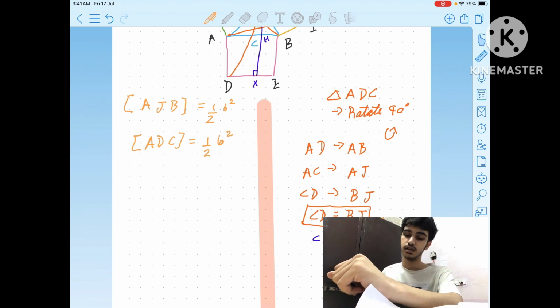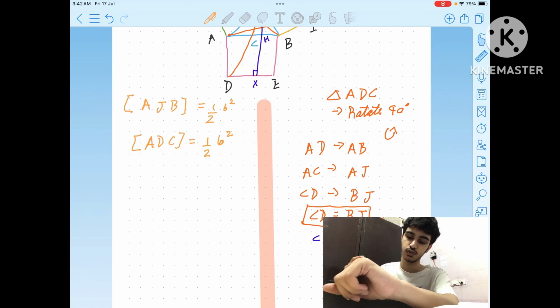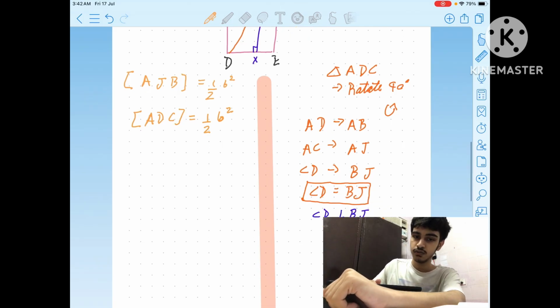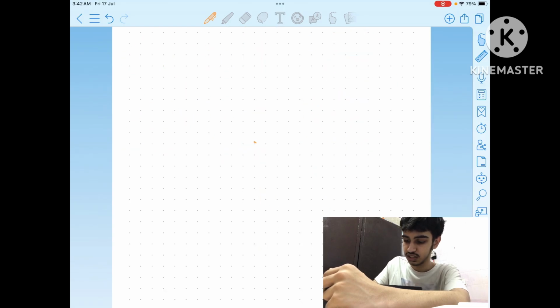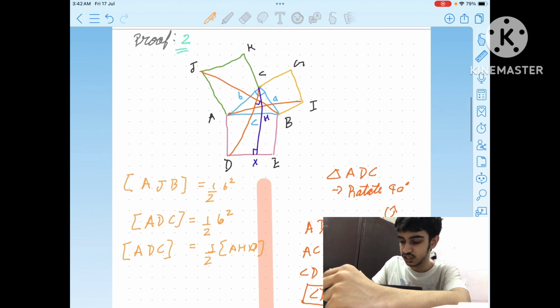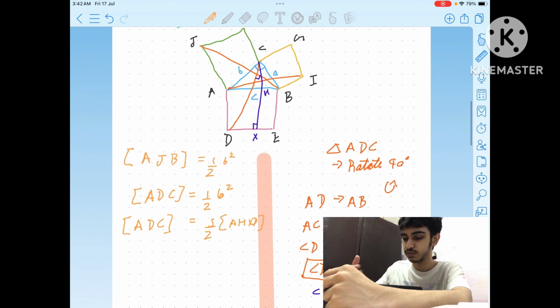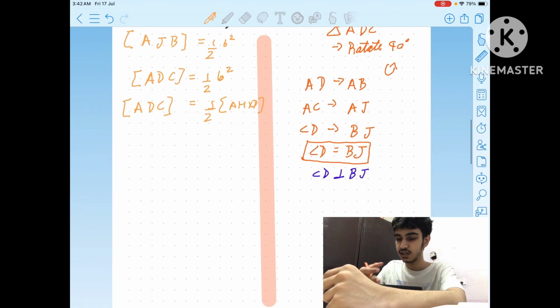And we could say that ADC is equal to AJB, and we also know that the area of triangle ADC is nothing else than half of the square AHXD. Oh, sorry for that. AHXD. If you clearly see that, you could simply prove it by similarity and a little angle chasing.